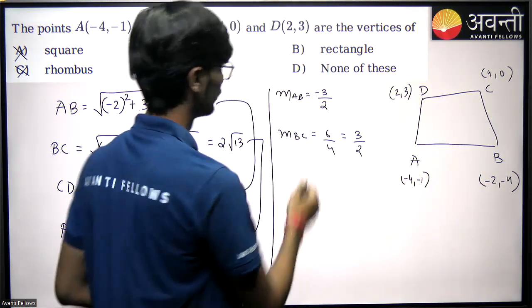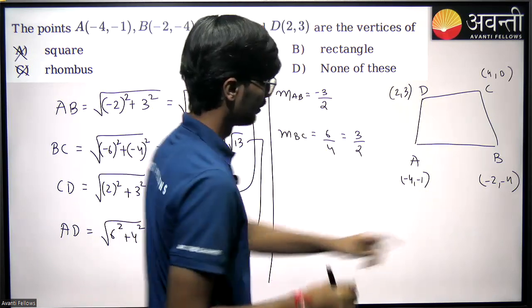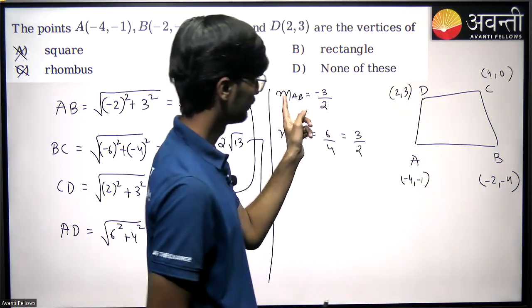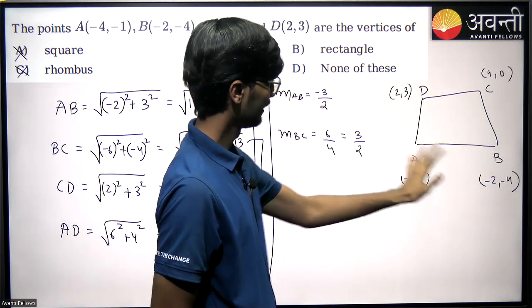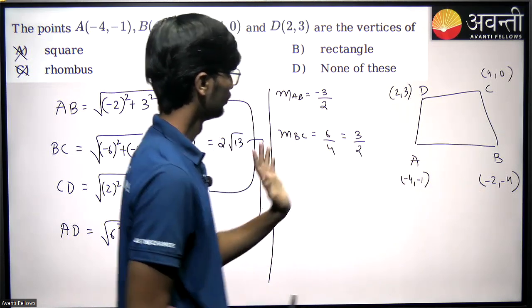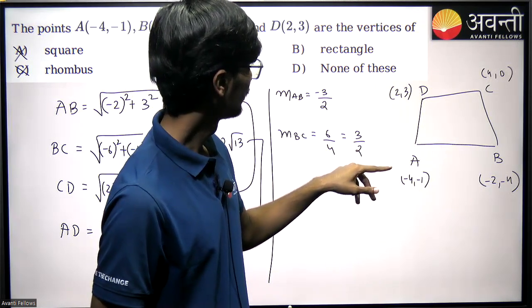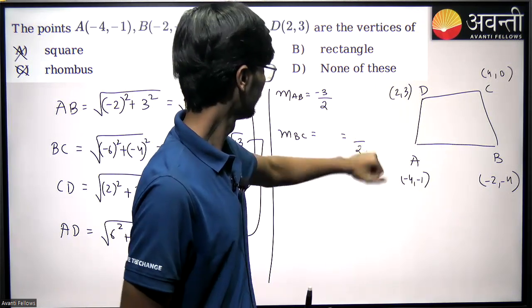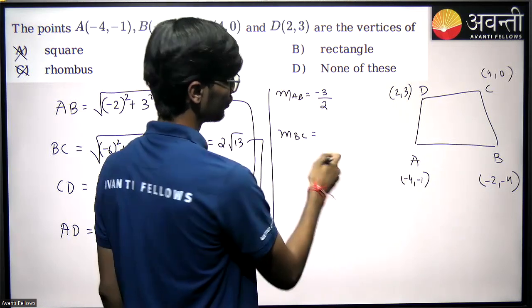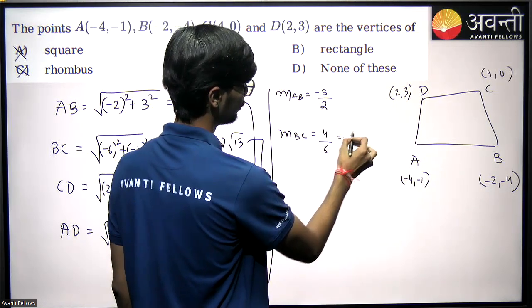Y2 minus Y1. Minus 4 plus 1, minus 3. Minus 2 plus 4, 2. And BC, 0 minus 4. Oh, I think here it was Y2, right? So 4 upon 6, which is 2 by 3.